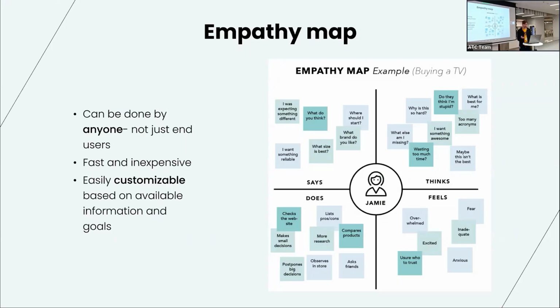You give them a goal and you take them through the process. So this is buying a TV. And the cool thing about empathy maps is that anyone can do it. It doesn't need to be the end user. It can actually be developers, designers, stakeholders, anyone. And it's quite nice because it's fast and inexpensive and you can customize it towards the end goal that you want to achieve.